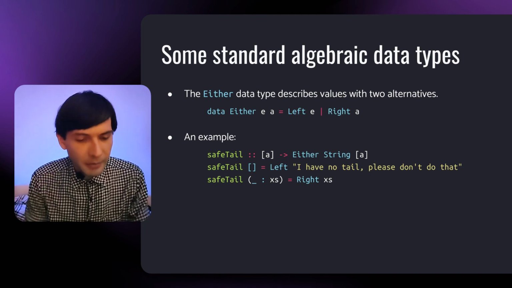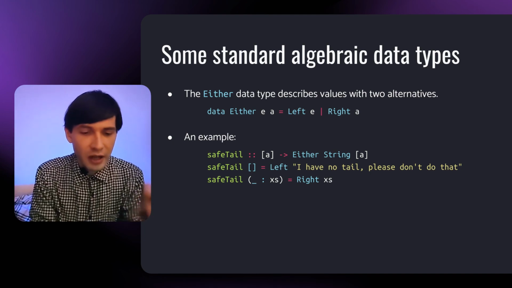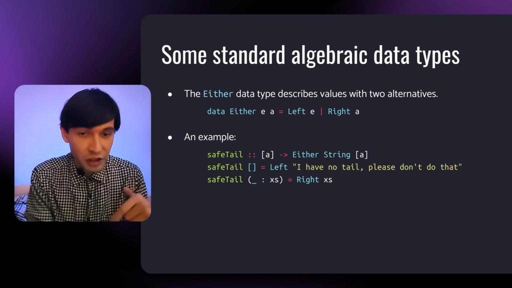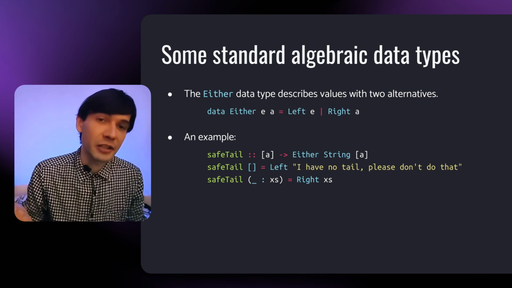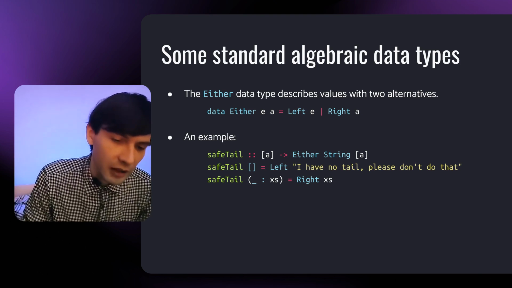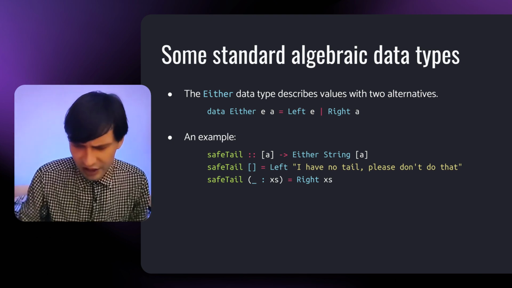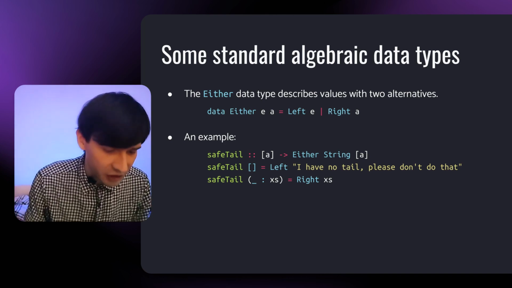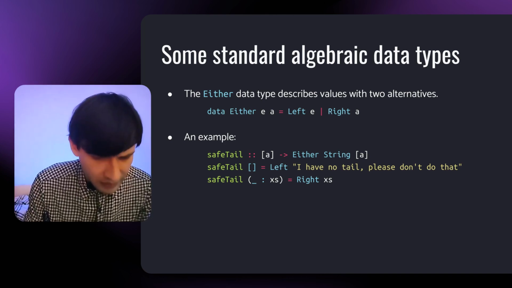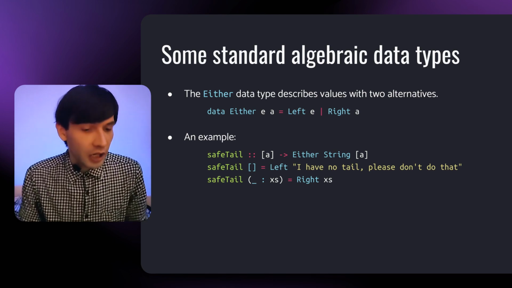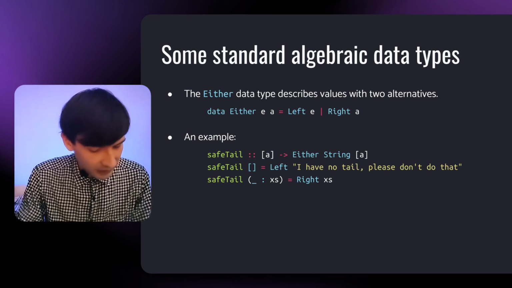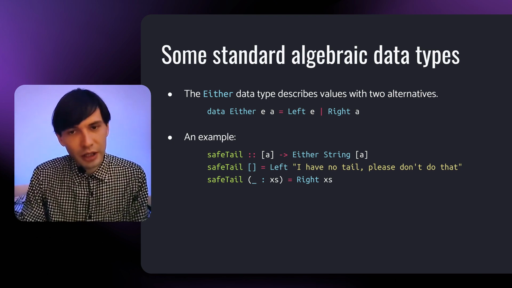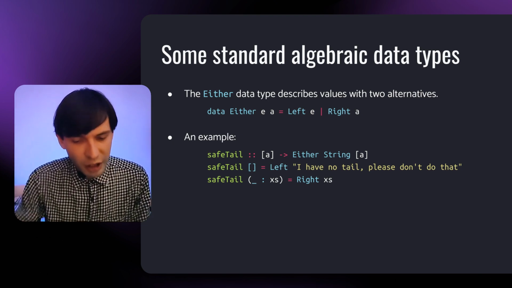But here we can use the left constructor that stores some additional information about our failure. This is the main difference between maybe and either. But all those data types are quite helpful when you write some real-world code.